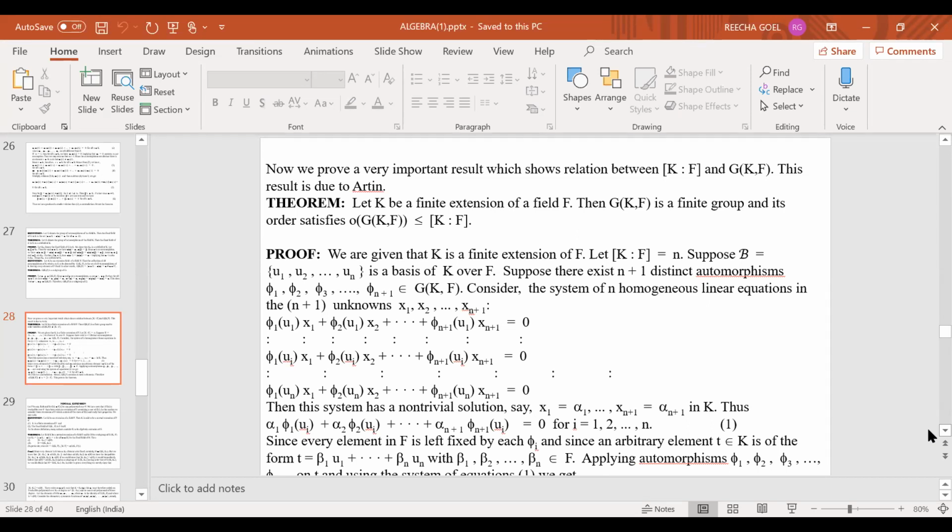Now let me consider n plus 1 distinct automorphisms, denoted by phi 1, phi 2, phi 3, up to phi n plus 1.